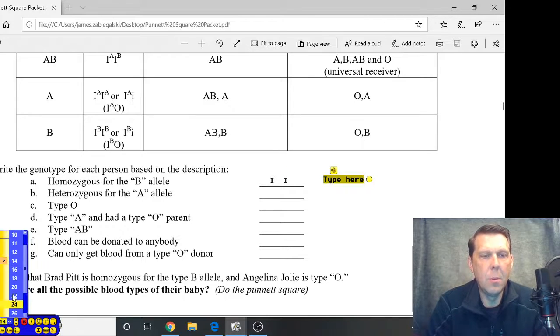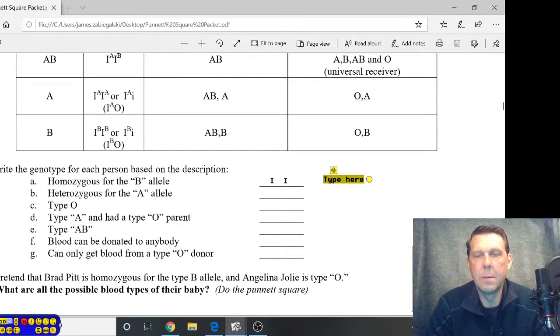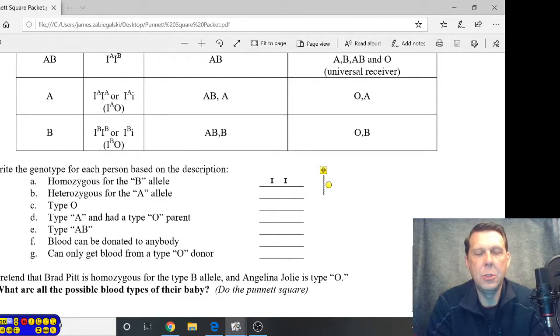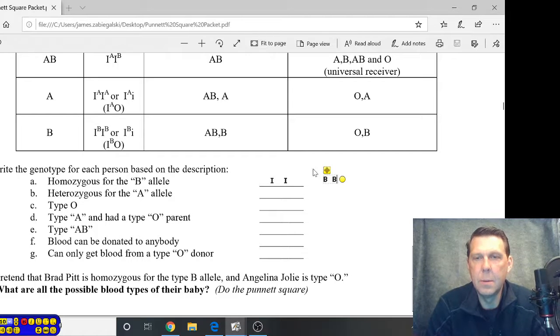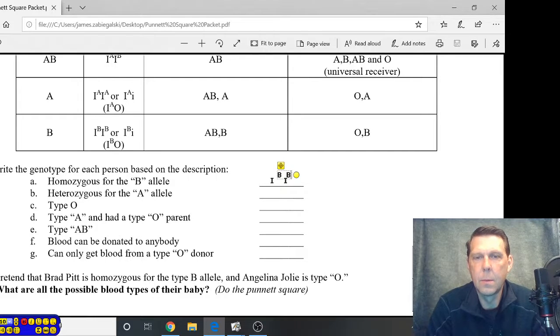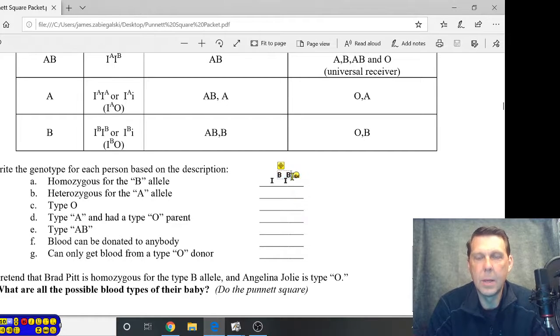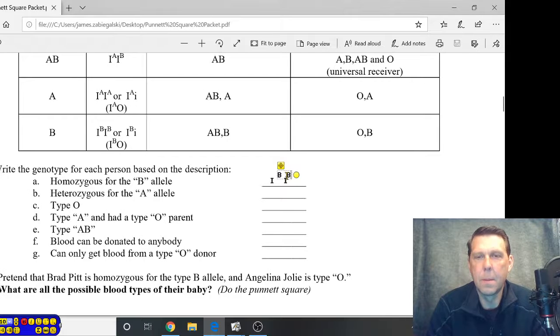Now, if you're homozygous for B, that means you have the same type. Boom. So that is homozygous there.